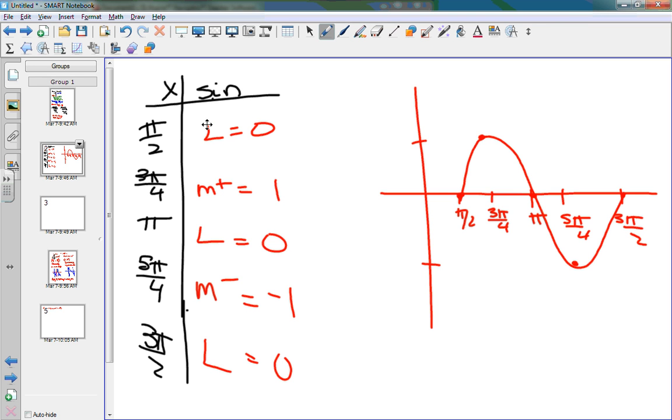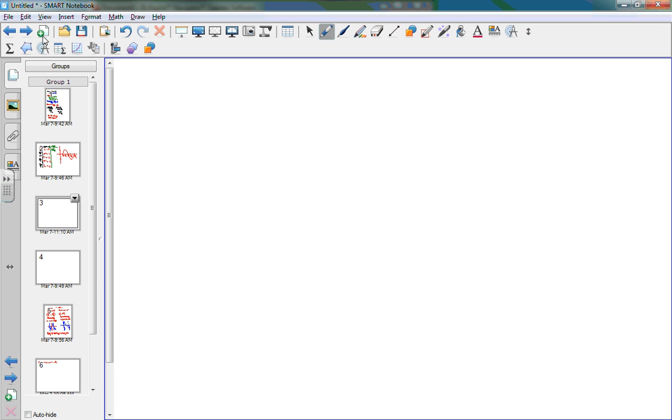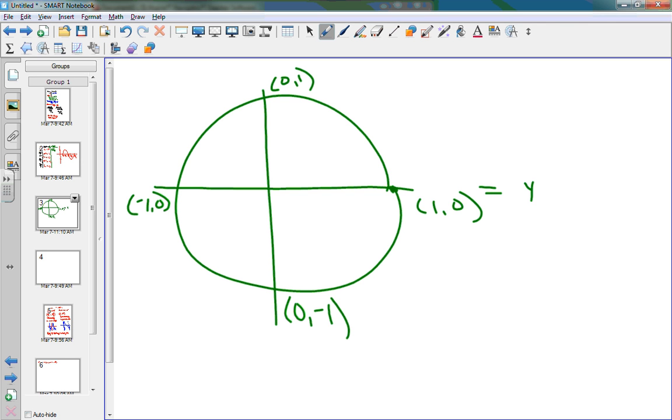When we graph the cosecant, what's going to happen is all of your levels are going to turn into asymptotes. Why? Because it's undefined there. If you look at your lovely little unit circle, and I ask you what the cosecant of 0 degrees is, it's going to be based on your y value.